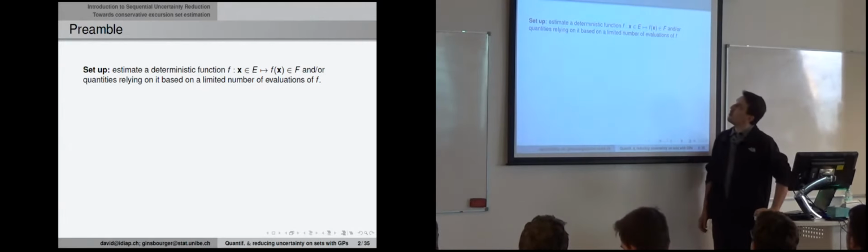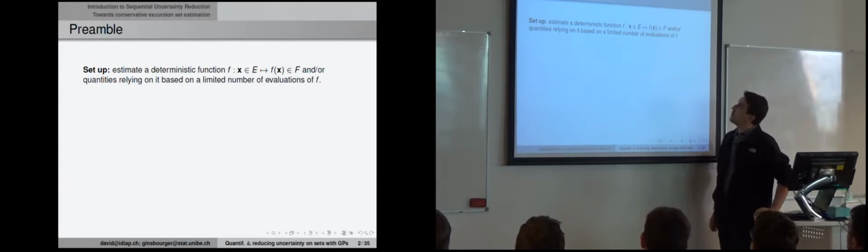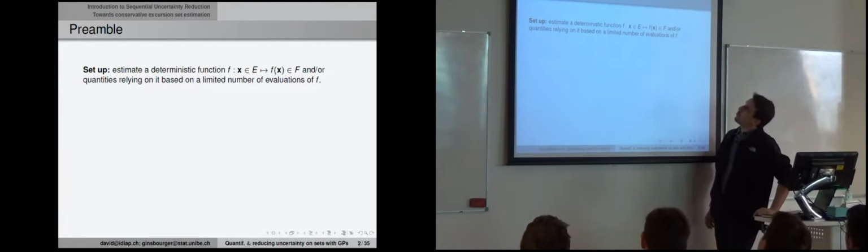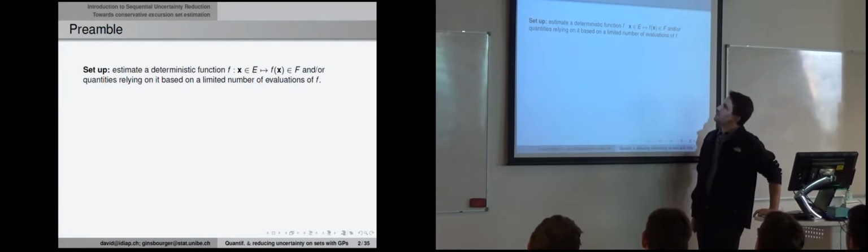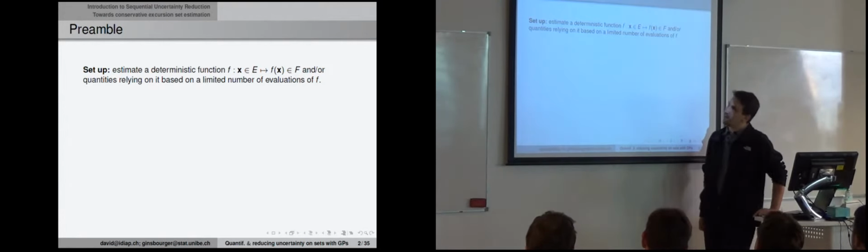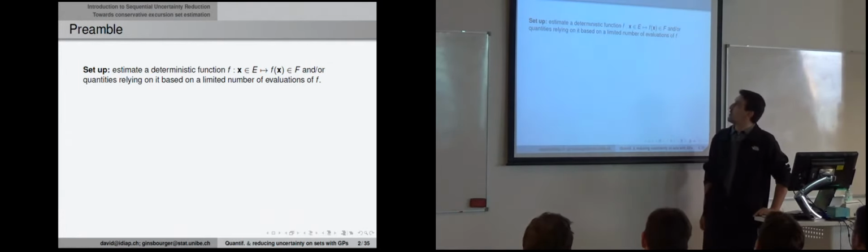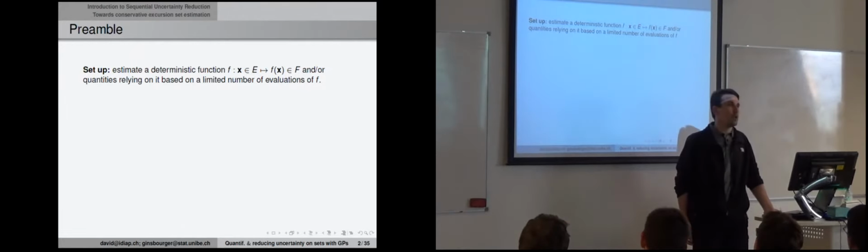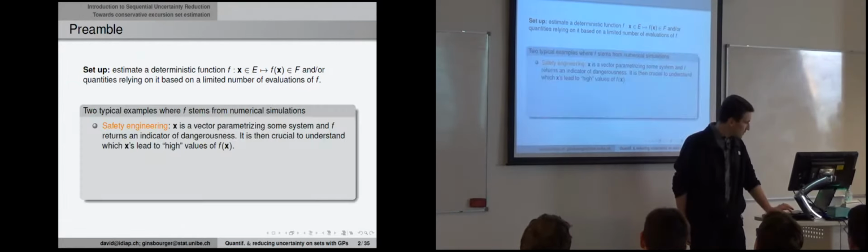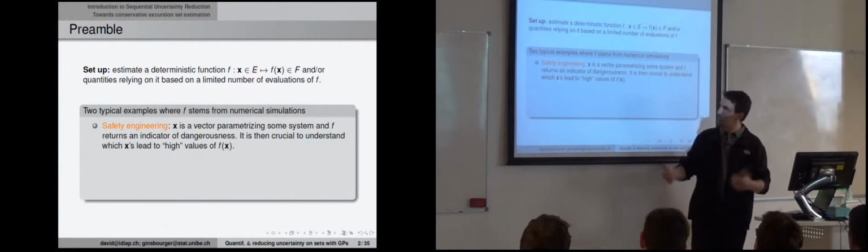So the overall setting that we will consider here is you have a function f that takes an input x that lives in some space E, and that returns an f of x that lives in some space F. And the game here is going to be to estimate and to quantify uncertainty on some quantities that are depending on the response of this mapping, based solely on a finite number of evaluations of f. Okay, so this is the typical setting. It's a very, very general setting, actually.